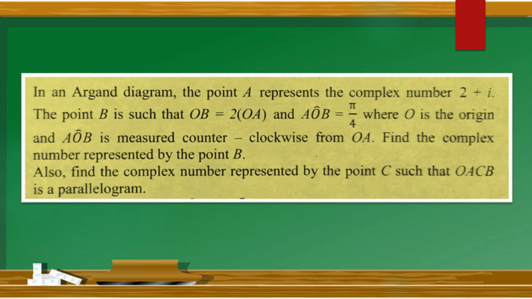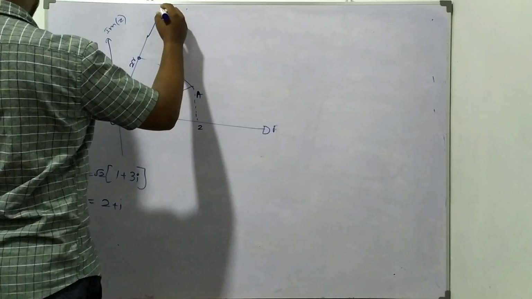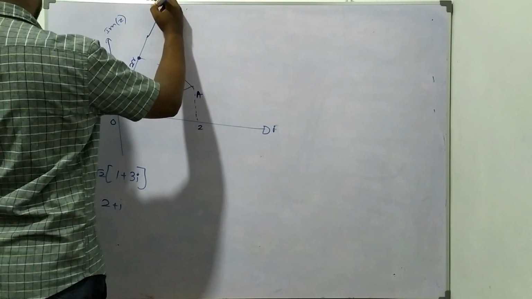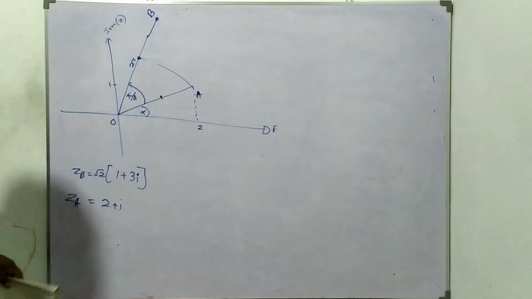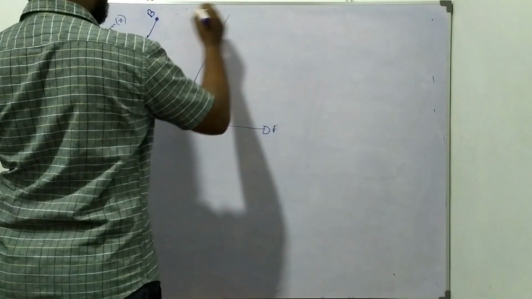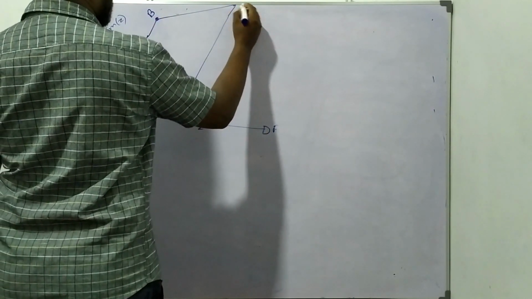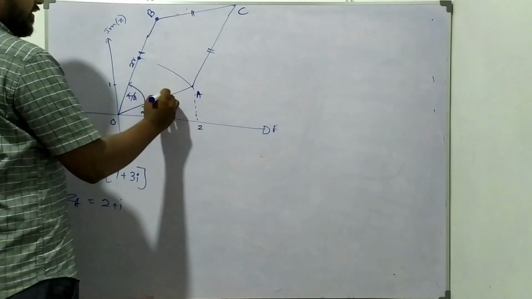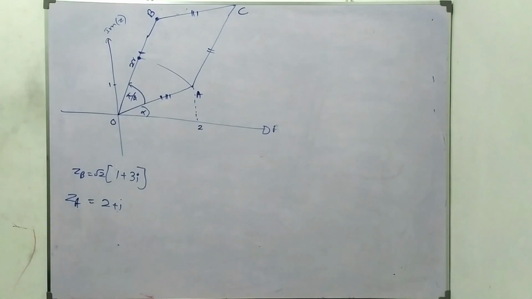So now you have this OA and OACB. A parallelogram means basically the opposite sides are the same.